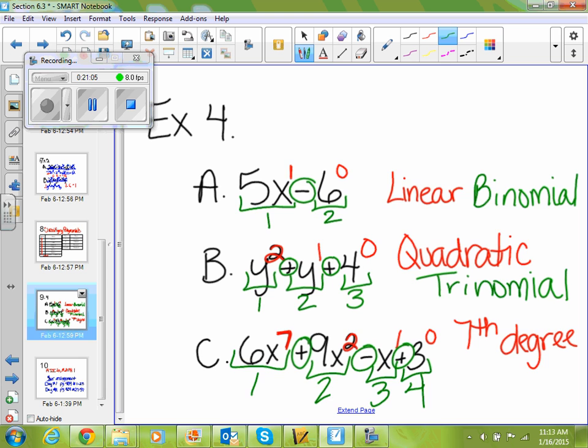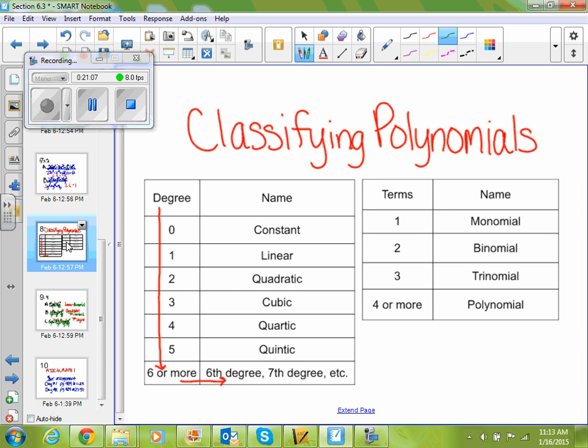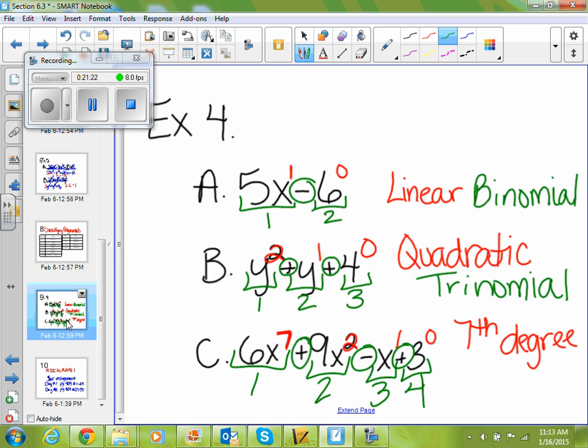If I go back to my table and look at terms, if I go down to 4 or more, anything with 4 or more terms is classified as a polynomial. So I would call this a polynomial. Therefore, this fully classifies as a 7th degree polynomial.